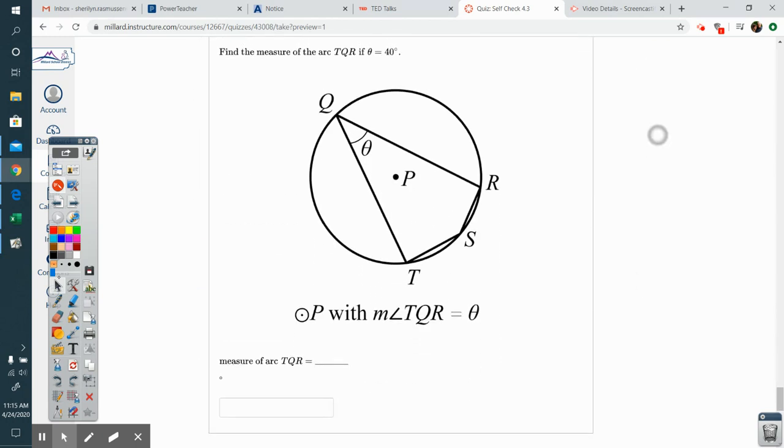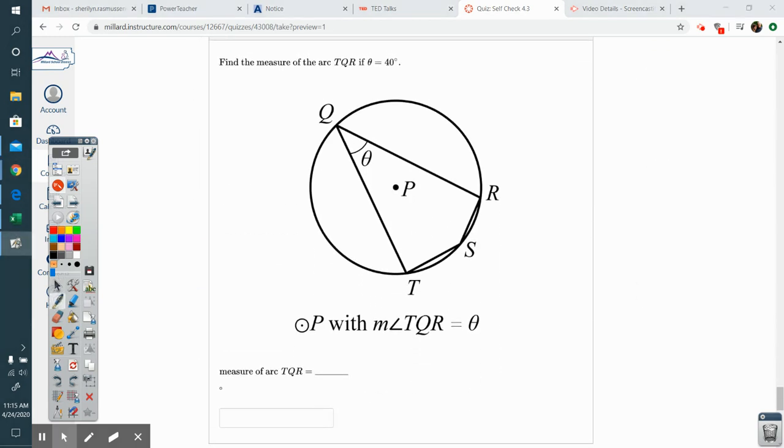Okay, 14. So it looks like this is similar. The measure of arc, no, it's not. Measure of arc TQR. So it wants to know what TQR, this whole arc here, is if this angle here is 40. Okay, so the total is 360. If this small part's 40, then from just here to here has to be double that, which is 80.